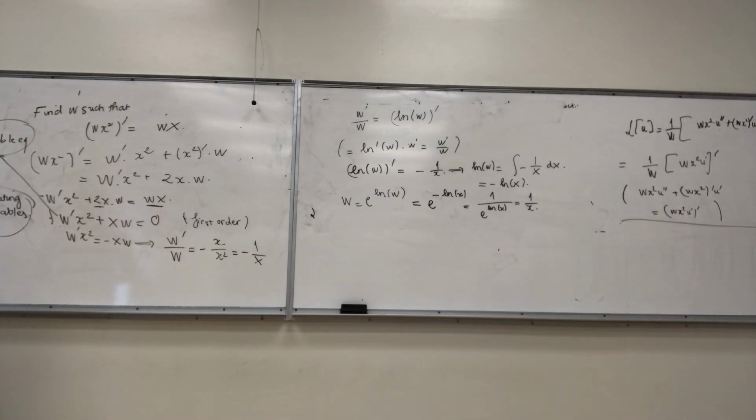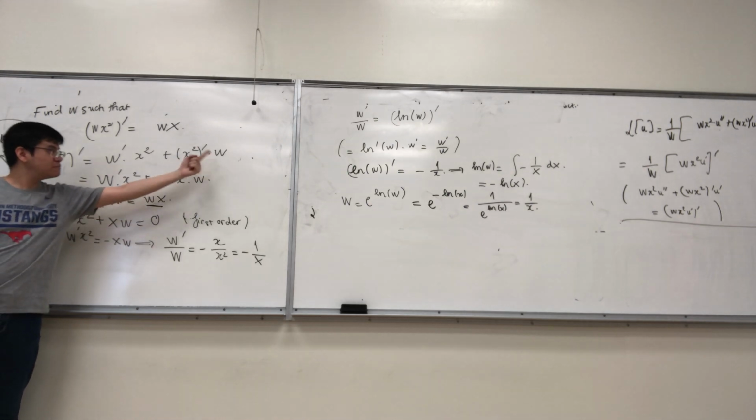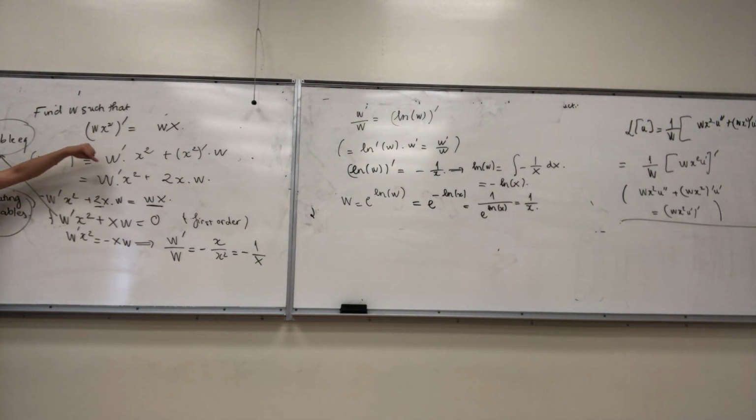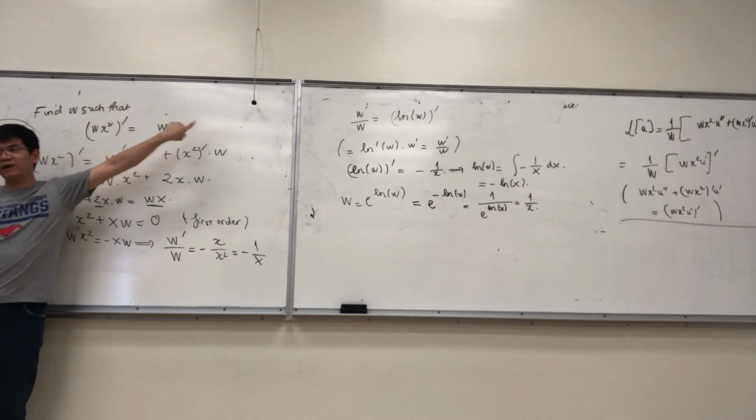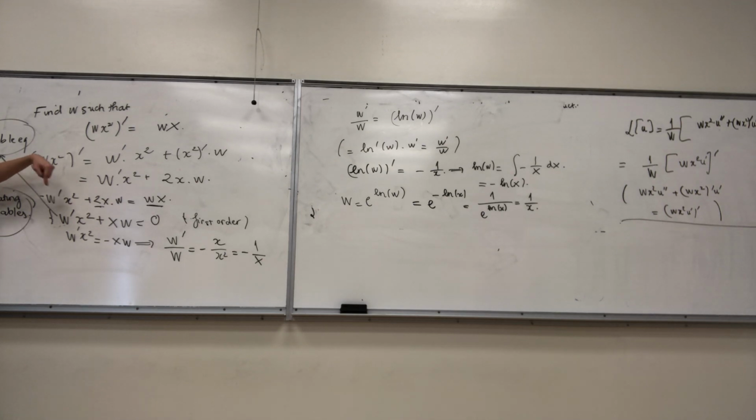So I explain again. Here you have to find a weight. To find a weight, you have to have (wx squared)' equal to wx. This is a first order differential equation, and this equation is separable. Because when you take the derivative of wx squared, you get w' x squared plus (x squared)' times w. And (x squared)' will be 2x, right? Then you have w' x squared plus 2x w is wx.